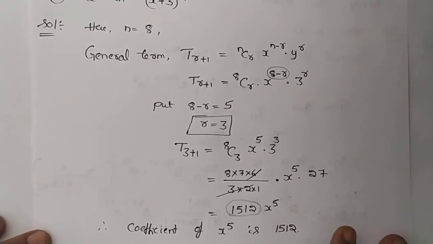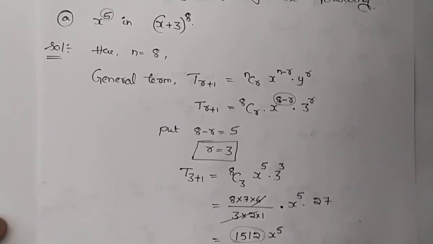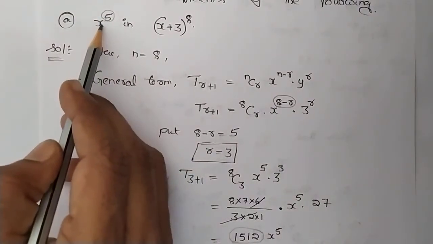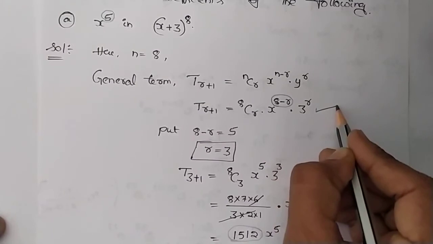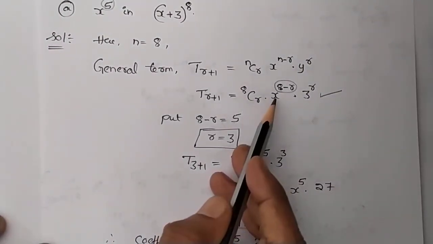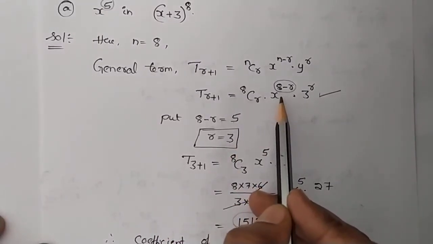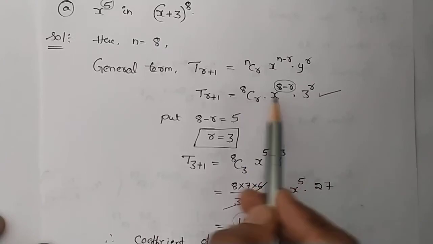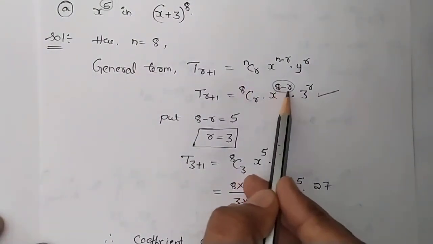Do you understand? Once again, we need to find the coefficient of x power 5 in this expansion. First, write down its general term. After that, equate the powers of x. The x power is 5, and here the x power is 8 minus r.